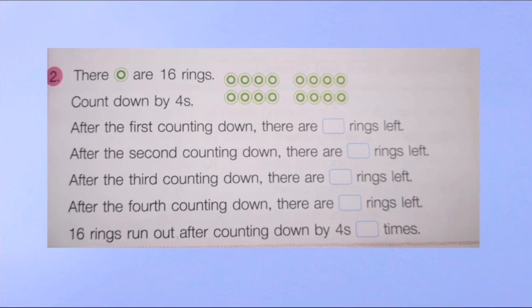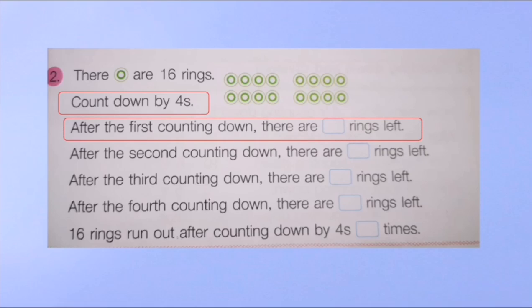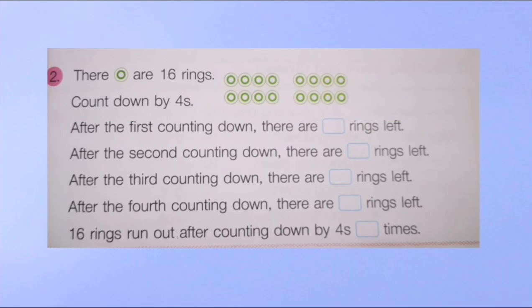Count down by fours. So that means we have to count the rings by fours. After the first counting down, there are blank rings left. So let's have our first countdown by fours. So this is our first countdown. So how many rings are left?